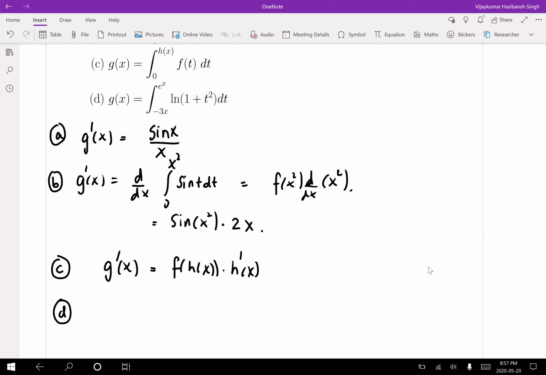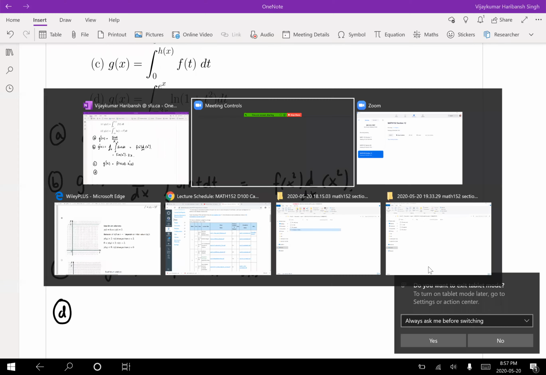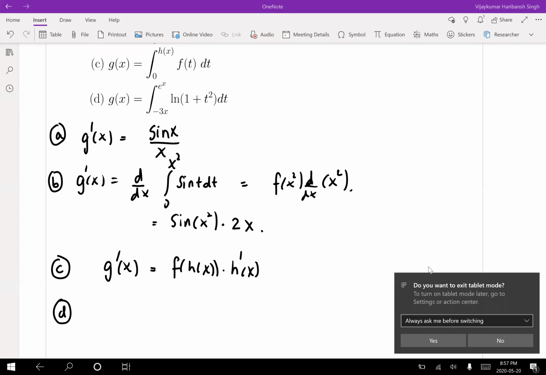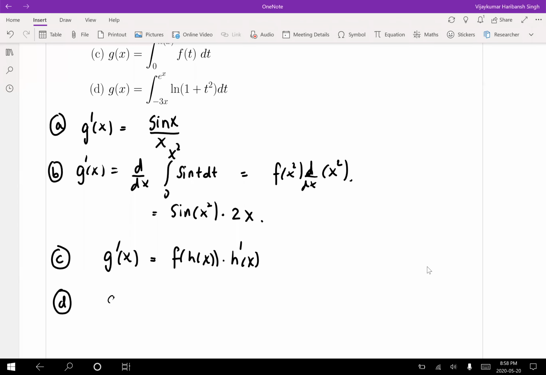In d, you have to first break it into two parts. So for g of x, we'll break this into two parts: the integral from minus 3x to 0 of ln of 1 plus t squared dt, plus the integral from 0 to e to the x of ln of 1 plus t squared dt.